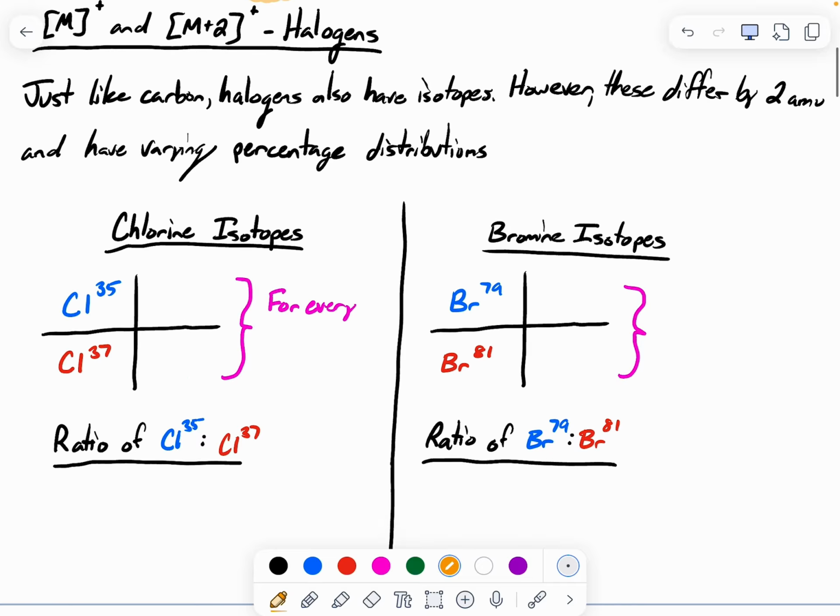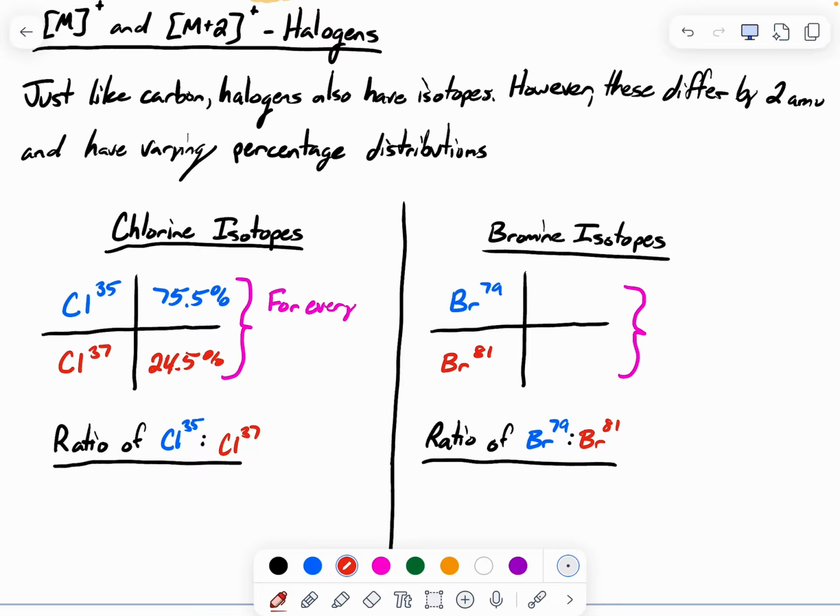Just like we saw with carbon isotopes, chlorine and bromine isotopes also have percentage distributions. For chlorine, 75.5% of all chlorine atoms are chlorine 35. On the other hand, the remaining 24.5% are chlorine 37.